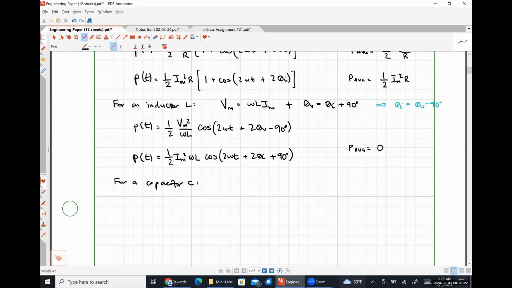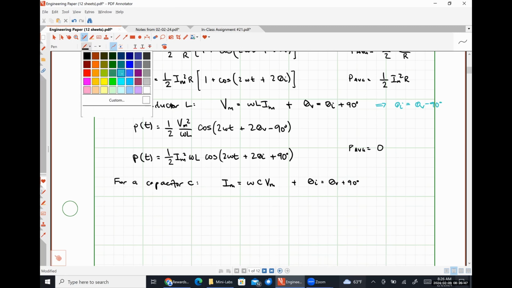So in a capacitor, the magnitude of our current is equal to omega C times the magnitude of our voltage. And we know that theta I is equal to theta V plus 90 degrees, right?